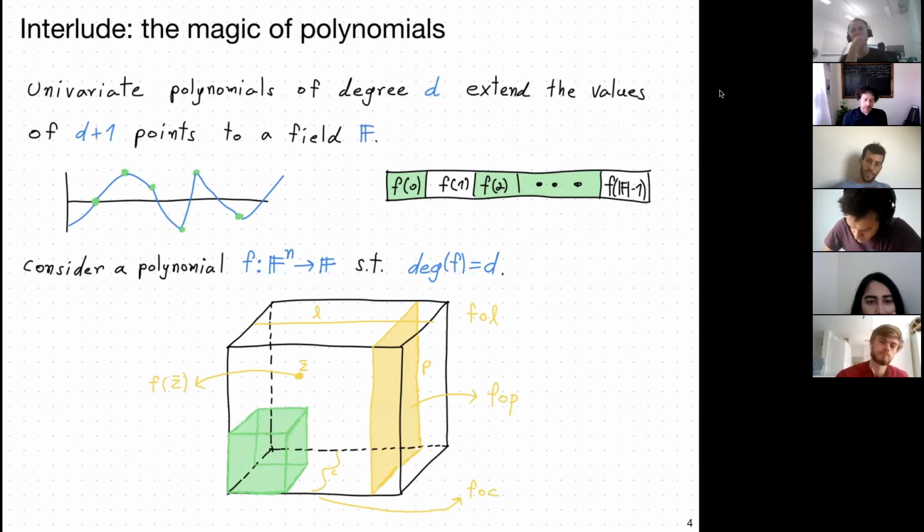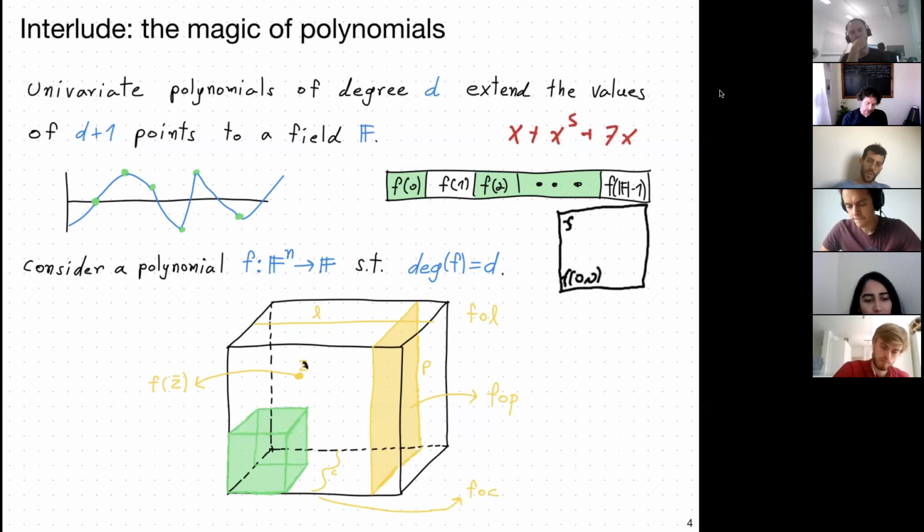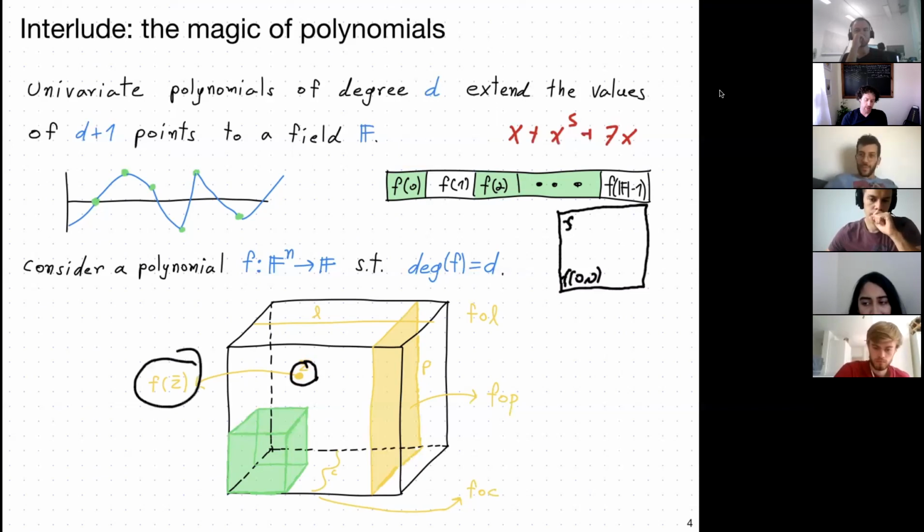Okay, so this cube, imagine that each point in this cube corresponds to some vector x over which we can evaluate the function. And the value of the cube at this point is the value of the function, right? So maybe the best way to see it is to consider this point z. We actually write there in the cube f of z. Okay, so this is the picture that I want you to have.